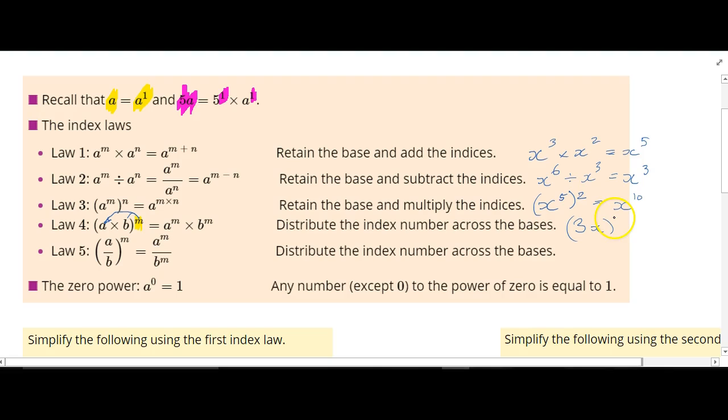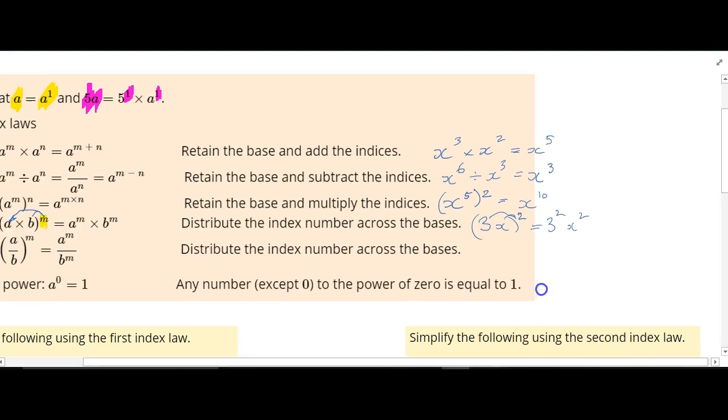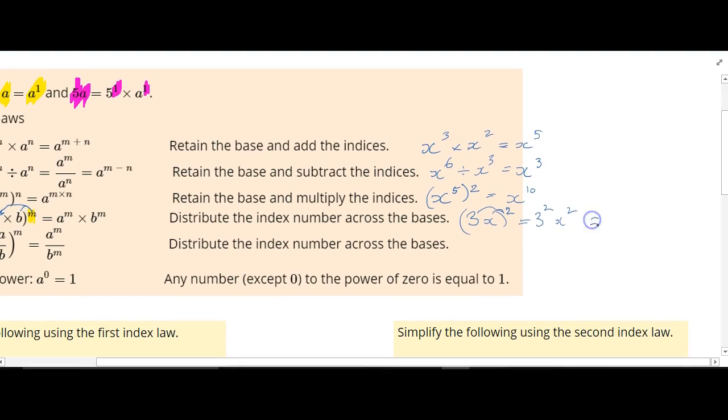Now if we put a 2 here, that 2 gets distributed to the x and the 3. So you can write it as 3 to the power of 2, x to the power of 2, and where you can evaluate, you should. Whenever you can simplify, you should. 3 to the power of 2 is of course 9, so we get 9x squared.